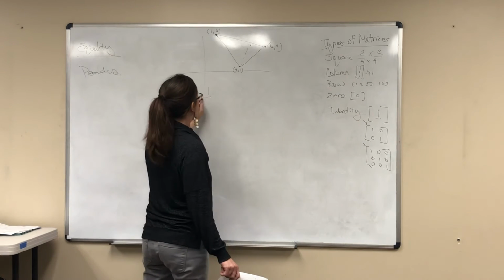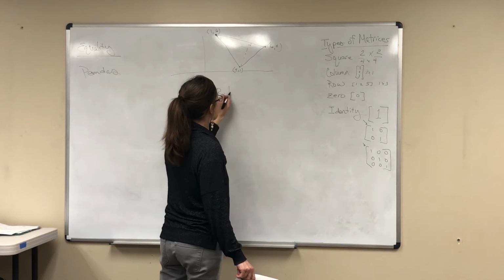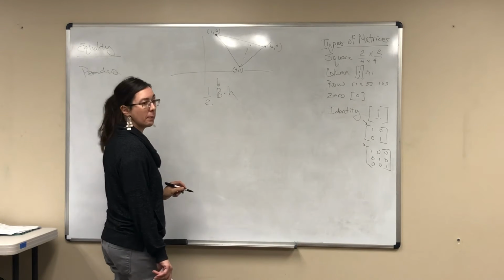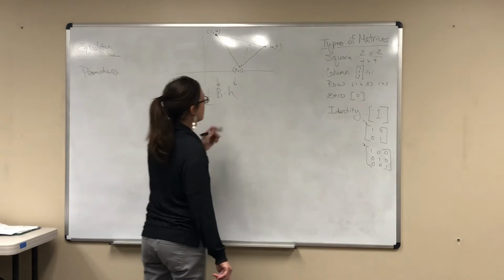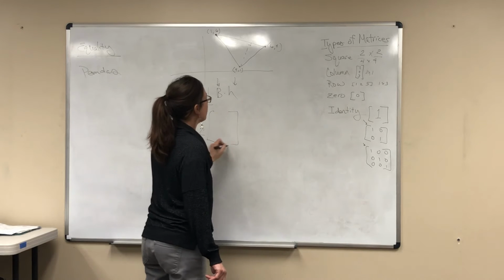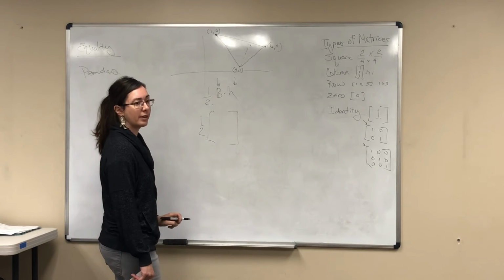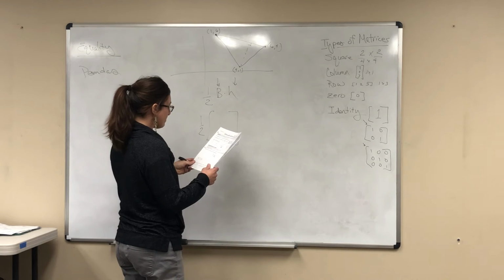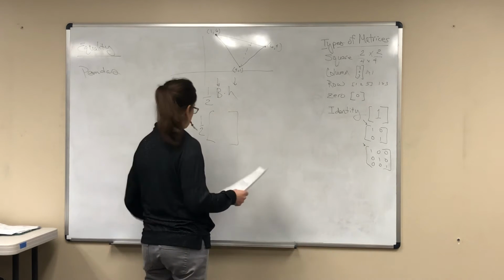So I know that I've got 1/2 base times height. I can replace my base with a matrix, and I can replace my height with a matrix. If I was going to write my base as a matrix, I'm going to choose the x's or the y's. We're going to have all of our x terms.